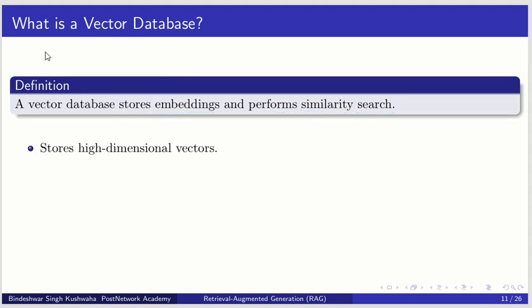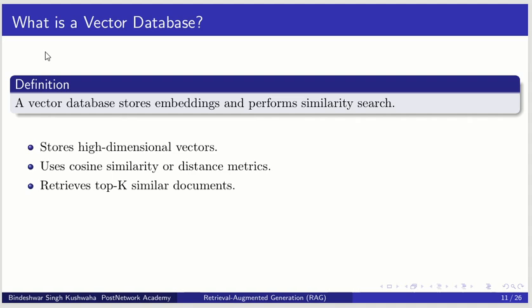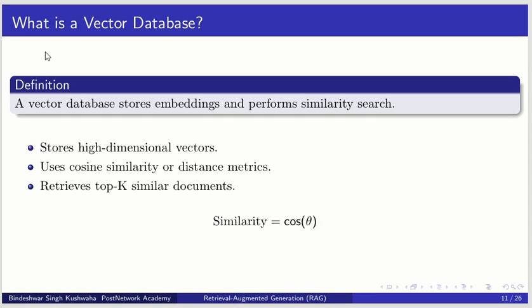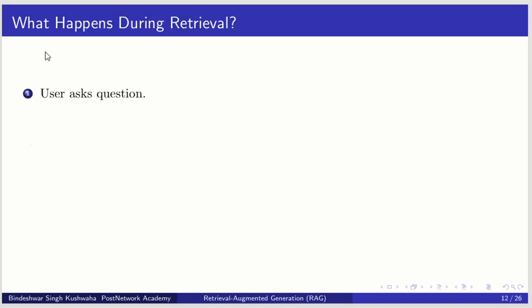It stores high dimensional vectors, 1000 dimensions, 300, this kind of dimension for embeddings, and uses cosine similarity or distance metrics and retrieves the top k similar documents. For similarity, we often use cos theta, which is called cosine similarity.